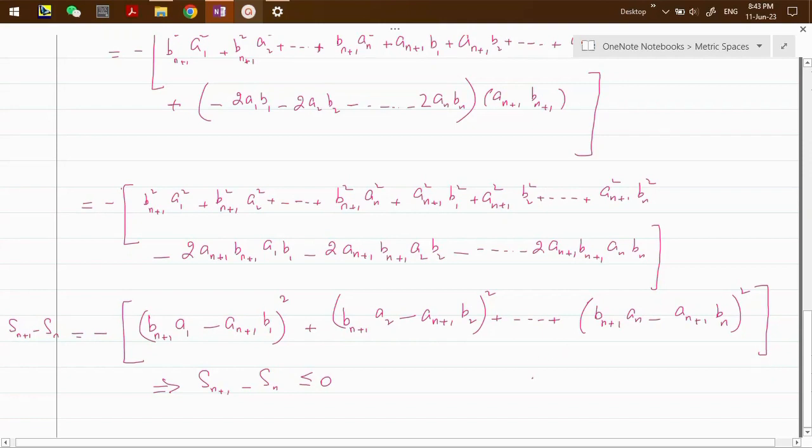So this is true for all n. What does it mean? It means that Sn plus 1 is less than or equal to Sn for all n.